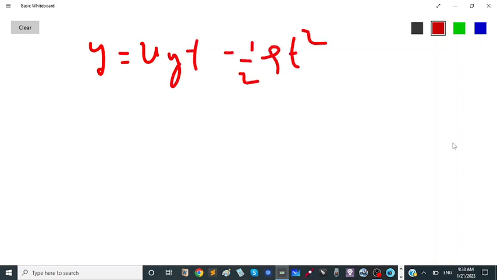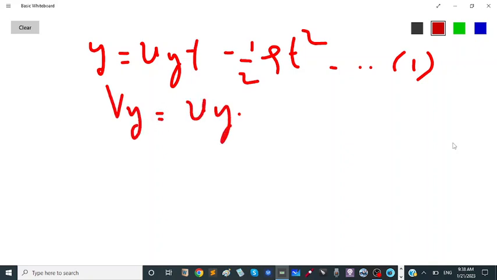In short, we have said that y is equal to Uy t minus half g t square. Okay, this is equation 1, and the other is Vy, which is given by Uy minus g t.